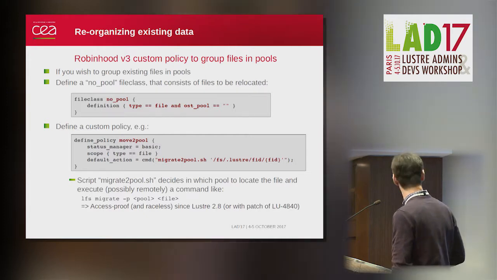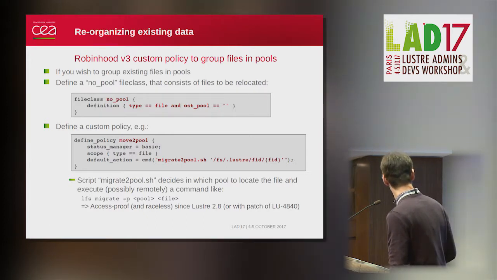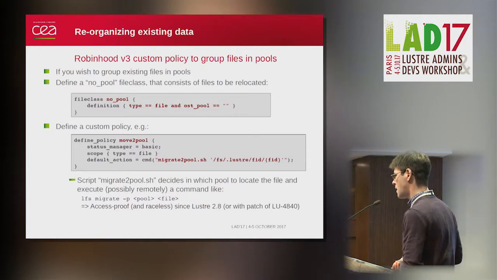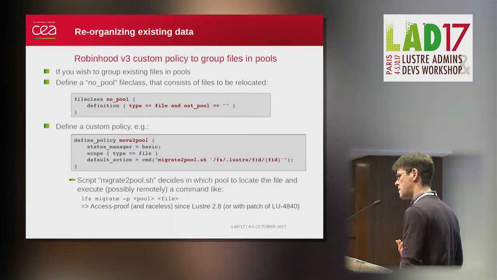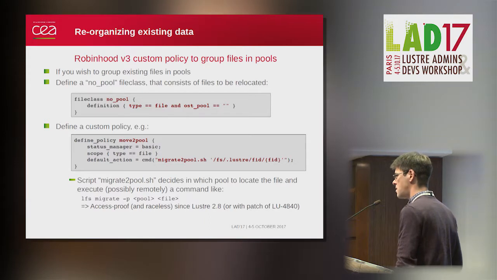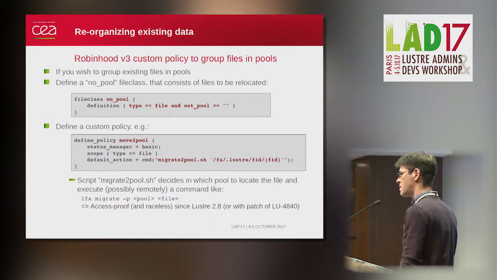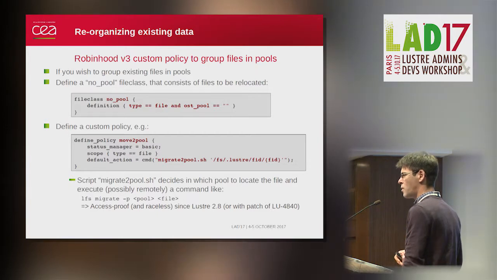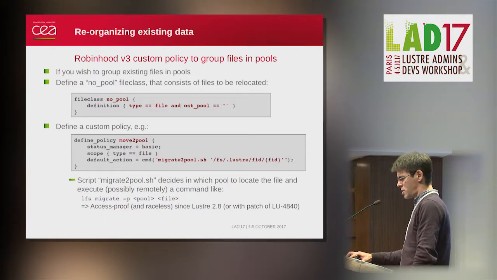So it was fixed in 2.8. Now a user can access the file while there is an LFS migrate. This will cancel the migrate, but it will be access safe. And it's raceless, so if the migration is okay, you have no risk of losing data or changing it.